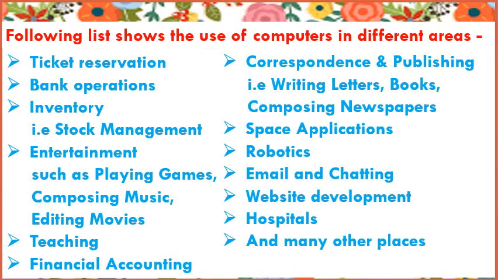The following list shows the use of computers in different areas. Computers are used for ticket reservation, bank operations, inventory, that is stock management, entertainment such as playing games, composing music, editing movies, teaching, financial accounting, doing correspondence and publishing, that is writing letters, books, composing newspapers.